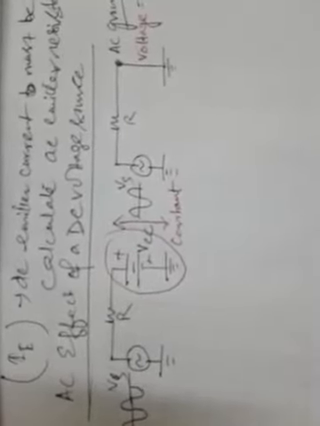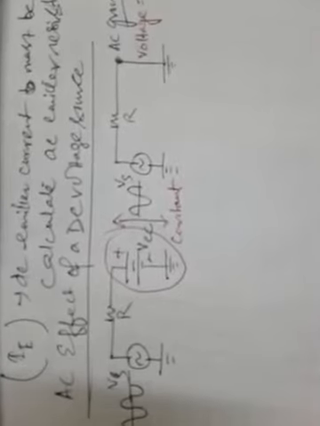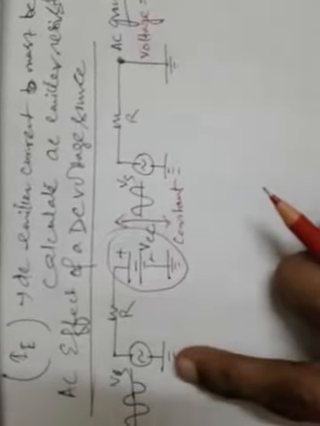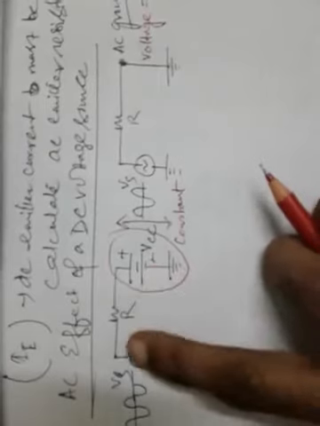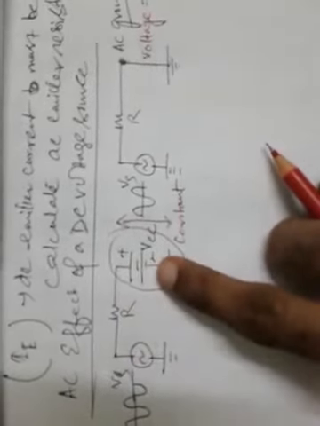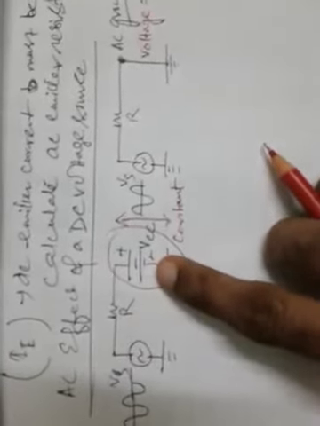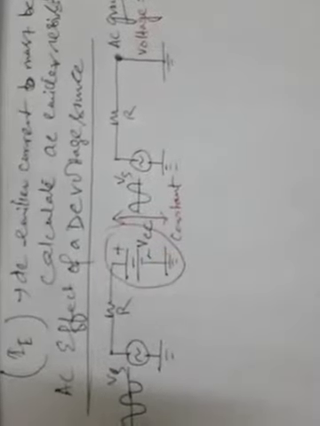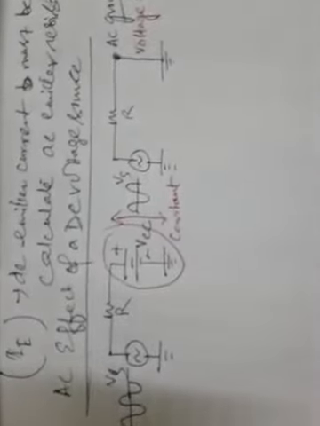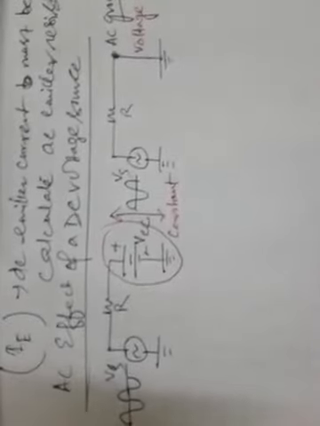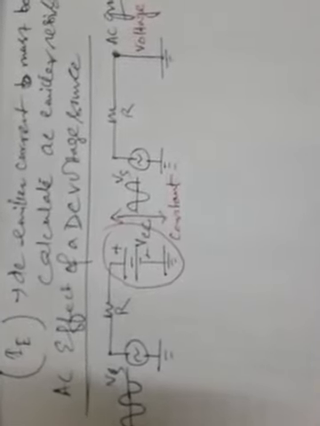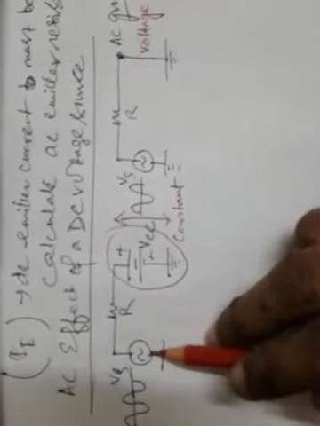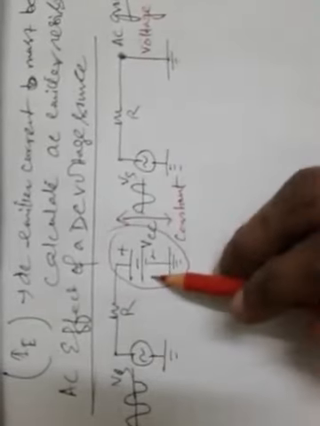So we can say that any AC current flowing from the input side through this R into the output load, which is a DC source here, will not produce any AC voltage across it because of the connection of this source with this load.